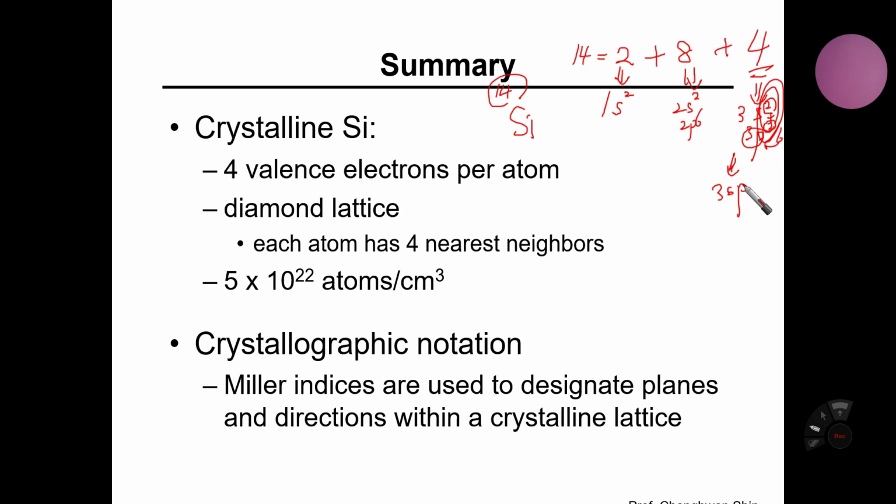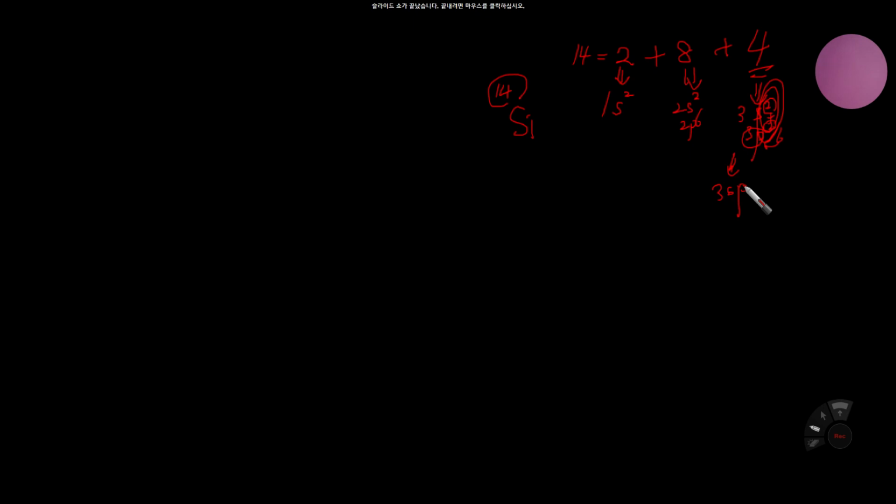So, yellow colored soda with a side dish and noodles, how fresh it is. Miller indices can be used to indicate which plane or which direction you are talking about within a crystalline material. So Miller indices is a widely used crystallographic notation. Okay, so that's all about the very first lecture note.